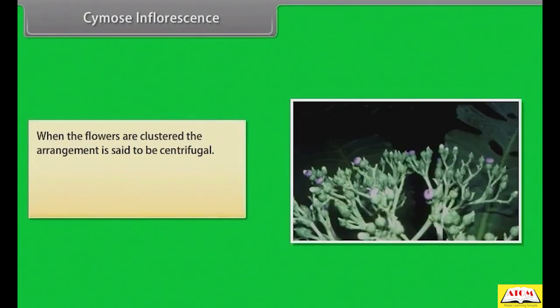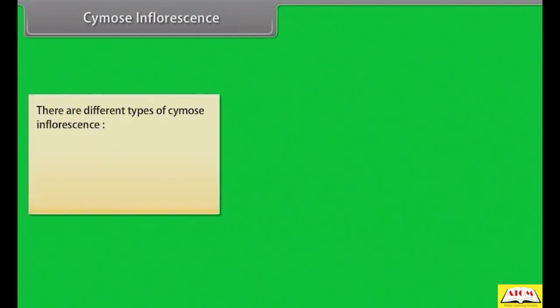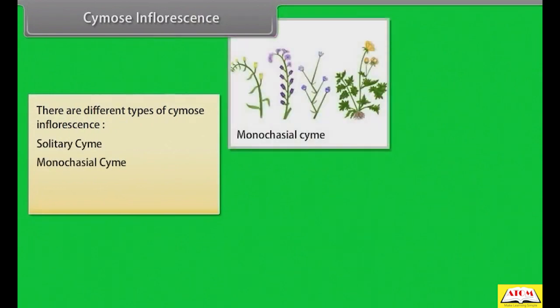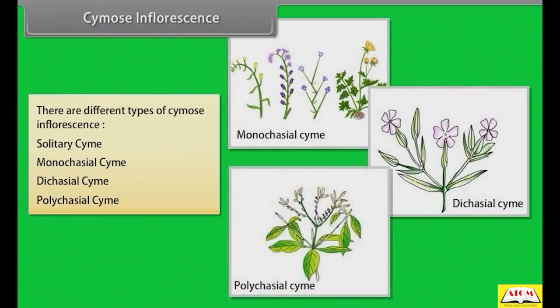When the flowers are clustered, the arrangement is said to be centrifugal. Here, the oldest flower is at the center and younger flowers are towards the margin. There are different types of Cymose Inflorescence: solitary cyme, Monochasial Cyme, Dichasial Cyme, Polychasial Cyme.